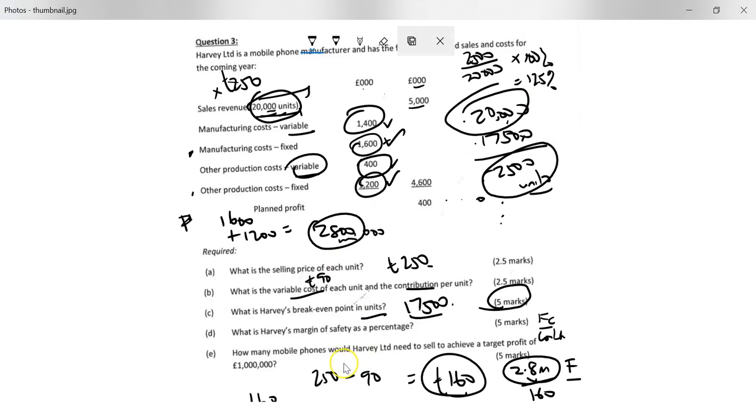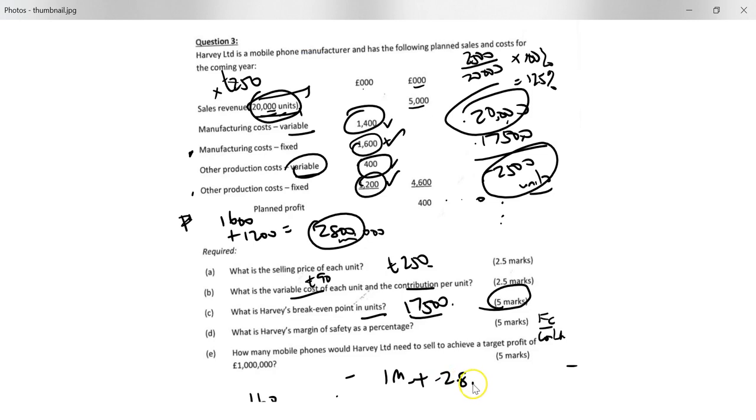And then the last question says, how many mobile phones do you need to sell to achieve a target profit of 1 million? We did this. So we now know that we need a target profit of 1 million. So I need to hit 1 million. I also need to hit 2.8 million for my fixed costs.